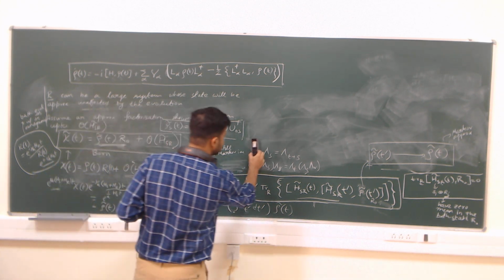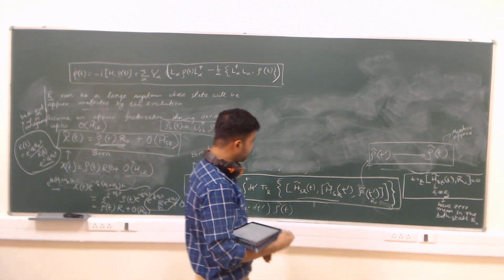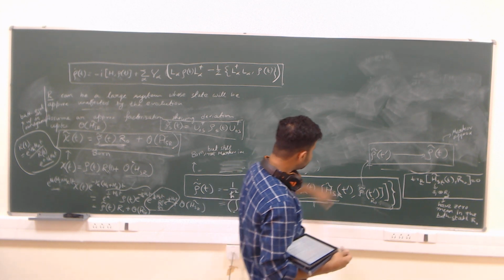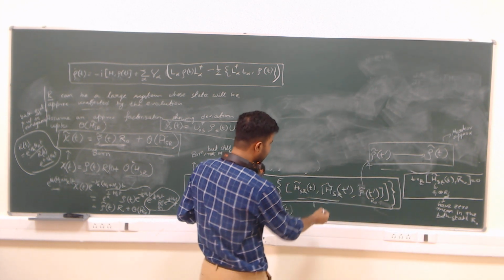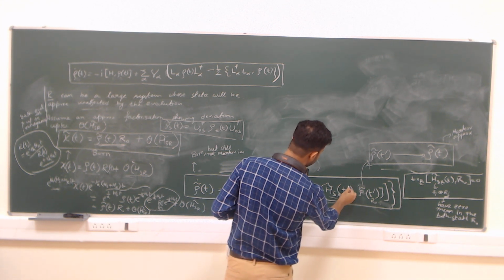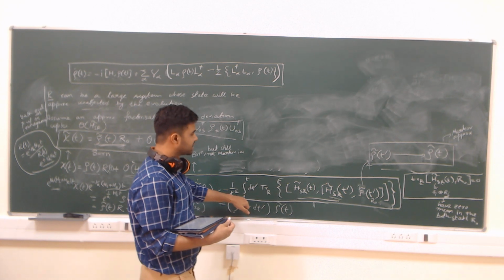An extra part is needed, which has to do with the fact that even after replacing rho tilde t prime by rho tilde t, I am still considering H_SR from any t prime between 0 and t, and it always starts from 0.